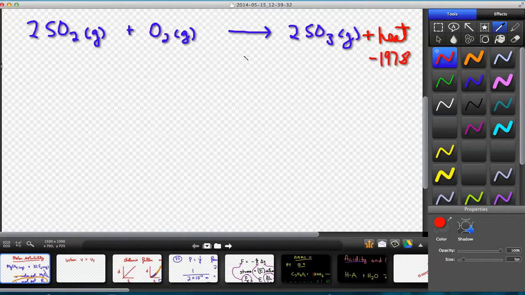I already know this is exothermic from the sign of delta H.